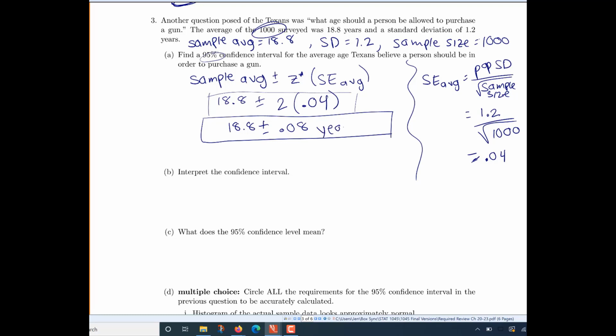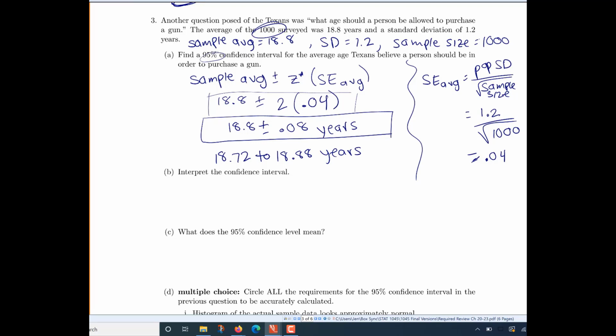So they might just leave it as 18.8 plus or minus 0.08 years. If I put it into my calculator, I get 18.72 to 18.88 years.